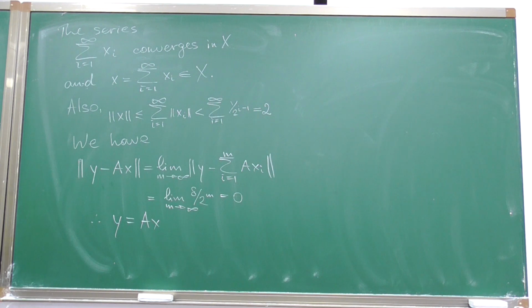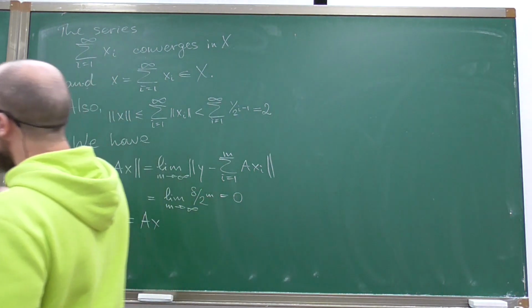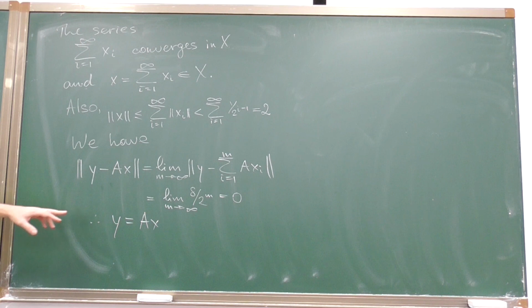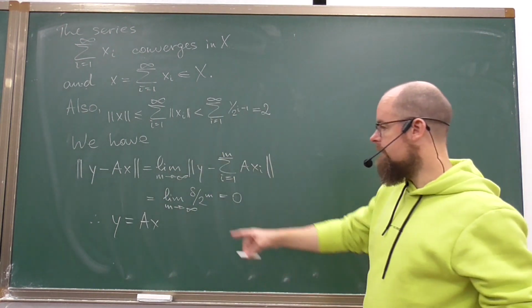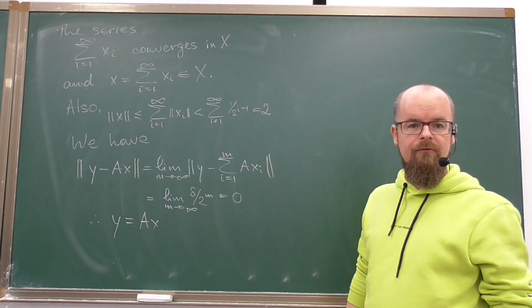What did we do? We've taken y from this ball and found x with the norm less than 2, such that y equals A of x.